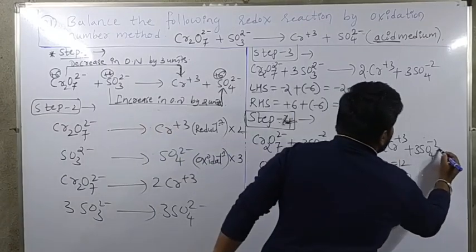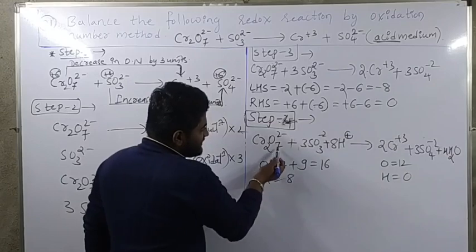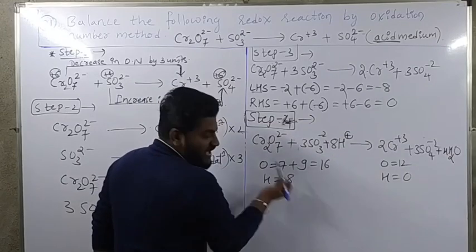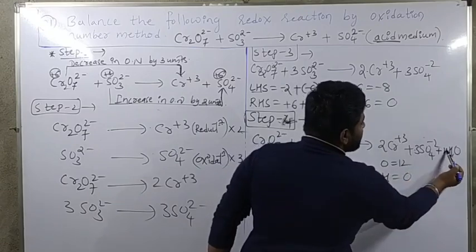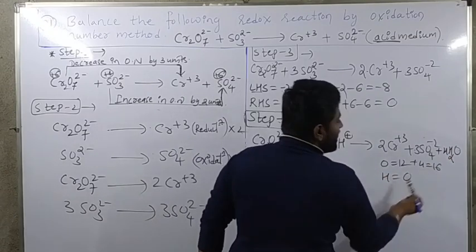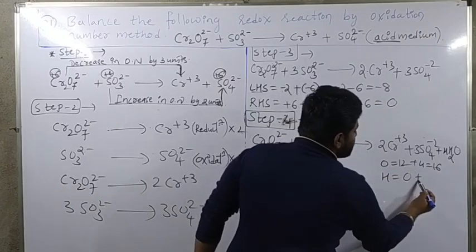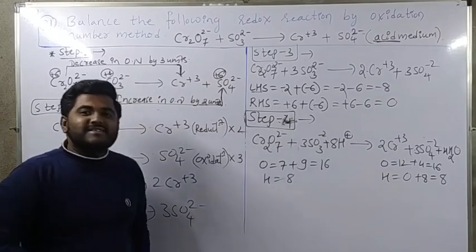Simple. So what we got? 4H2O. Now count the oxygen. This is the same, 16 and 8. But what about this? 4 3s are 12, 12 plus 4 oxygen is 16. You see, 4 2s are 8, 0 plus 8 hydrogens. Is that balanced, guys? Yes.